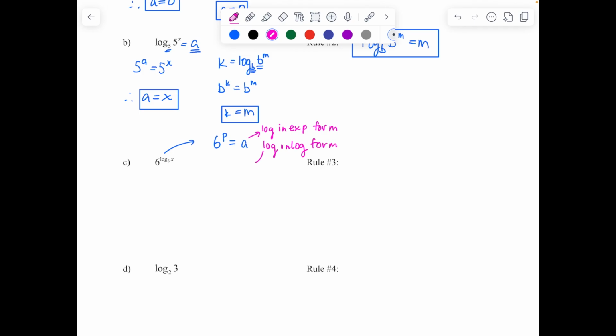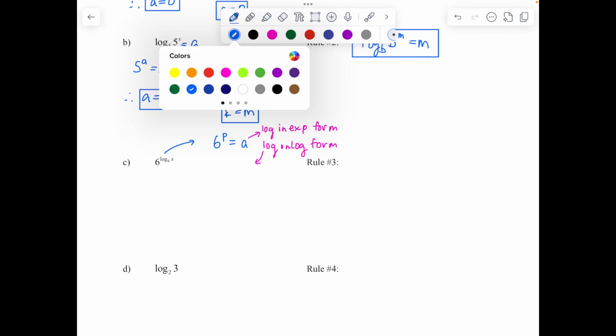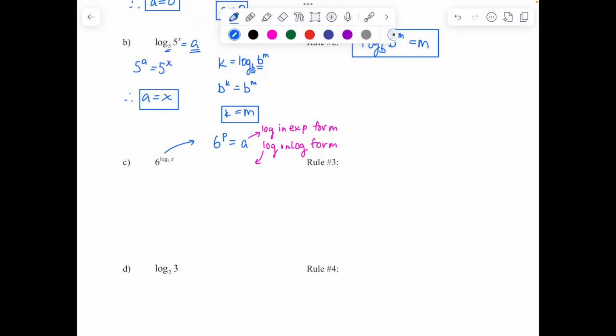Okay, so what I'm going to do is take this and write it in log form. So that would give me p equals log base 6 of a. So let's imagine we're doing the same thing here. I take 6 to the power of log base 6 of x, and I set that equal to a.